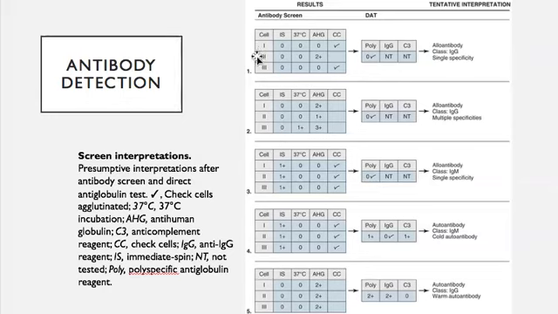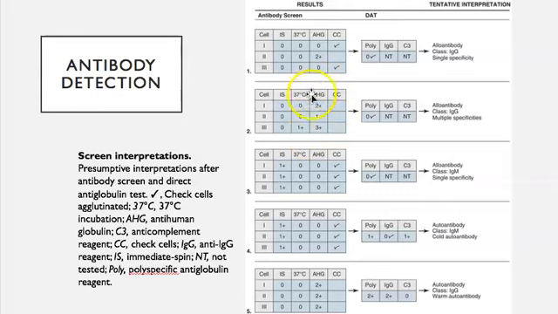With the second scenario, we've done the same testing, but we're seeing some different results here. Initial spin, no reactivity in any of the cells. At 37, though, we're seeing reactivity in screen cell 3. It's a 1+ reaction.